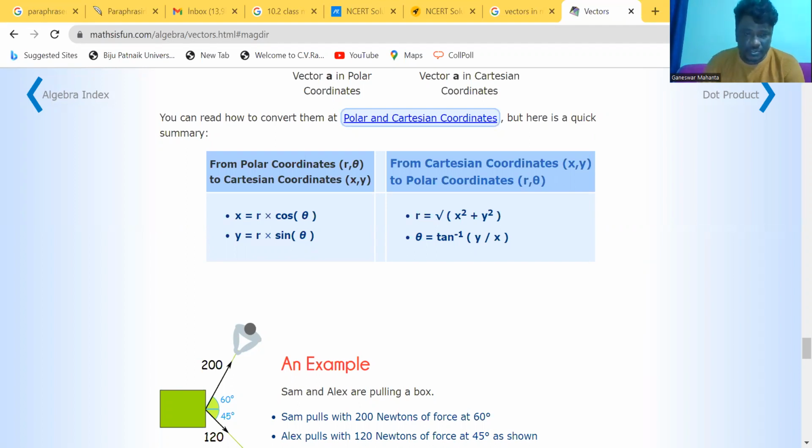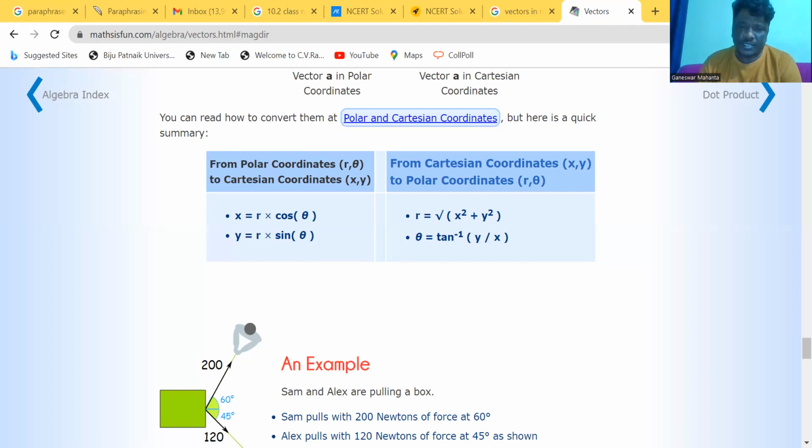Another process: r sin theta divided by r cos theta is equal to y by x, and that is tan theta, equal to y by x. And what is theta? Theta is equal to tan inverse of y by x.